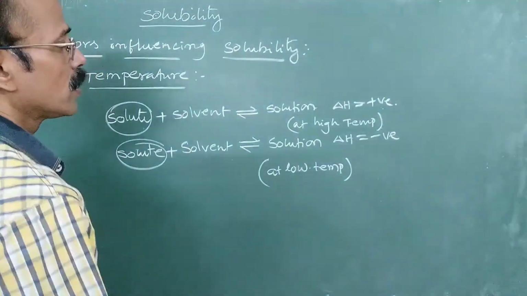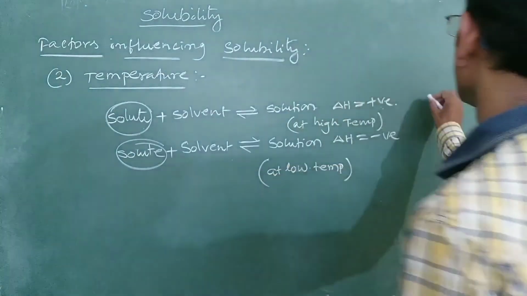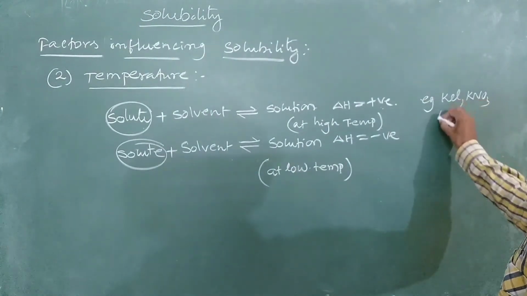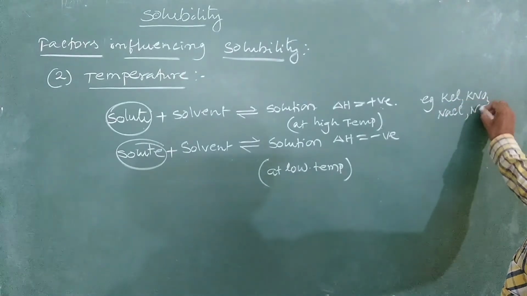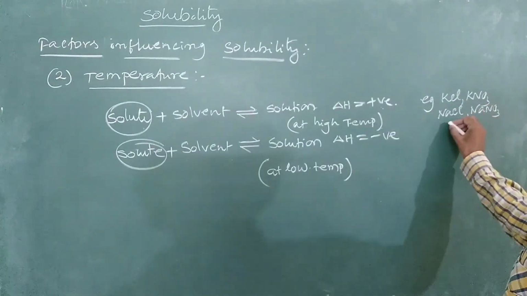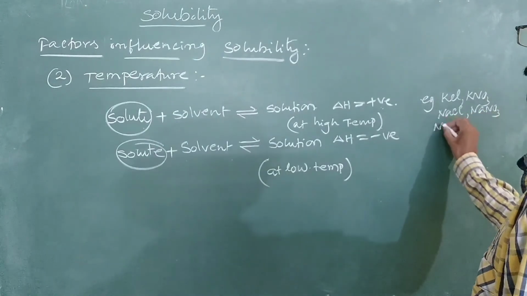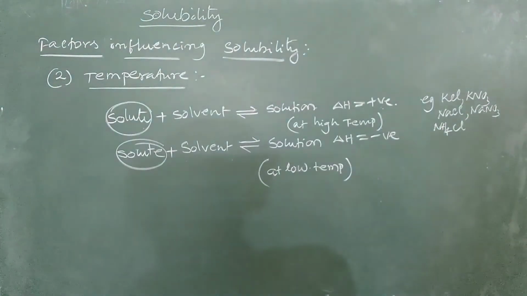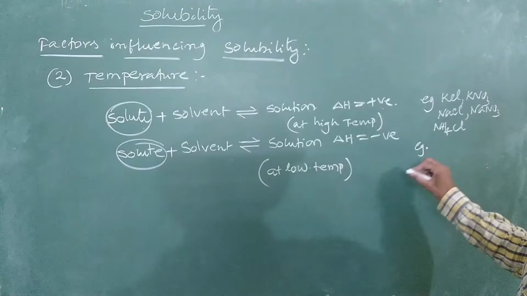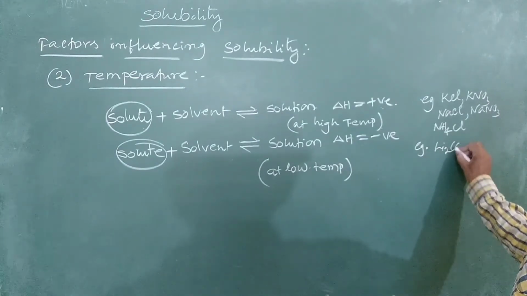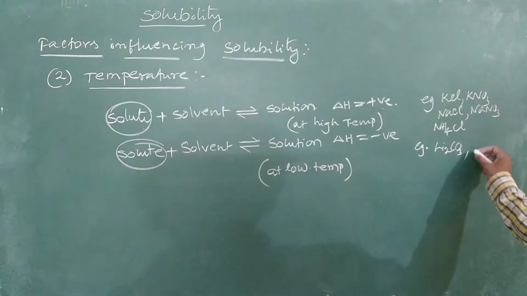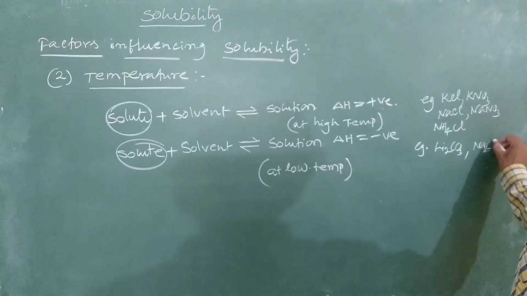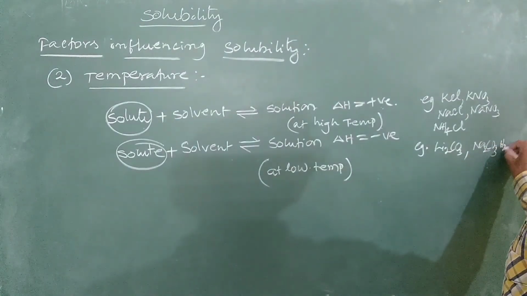For example, solutes like potassium chloride, potassium nitrate, sodium chloride, sodium nitrate, most of the solutes absorb heat in their dissolution process, so their solubility will increase, whereas some solutes like lithium carbonate release energy, and the other ones are Na2CO3·H2O and cerium sulfate.